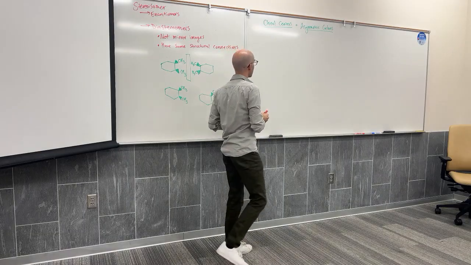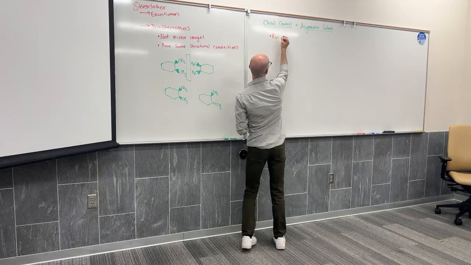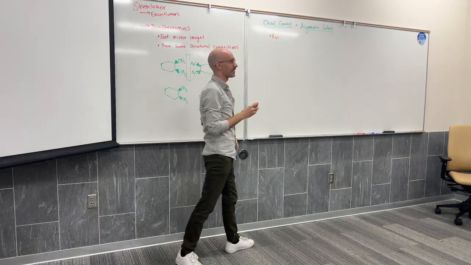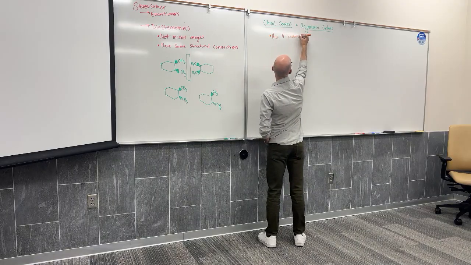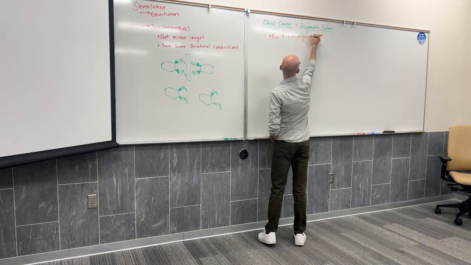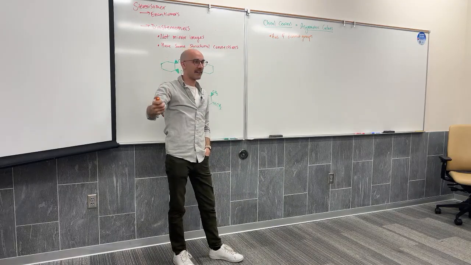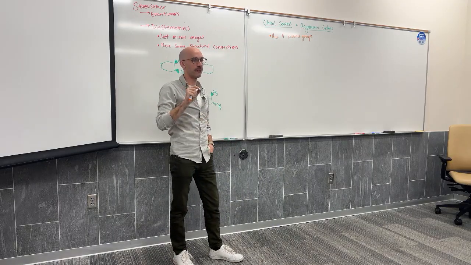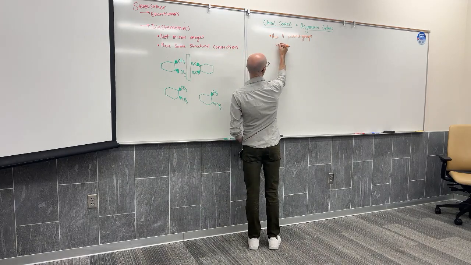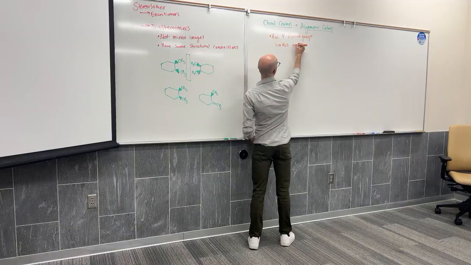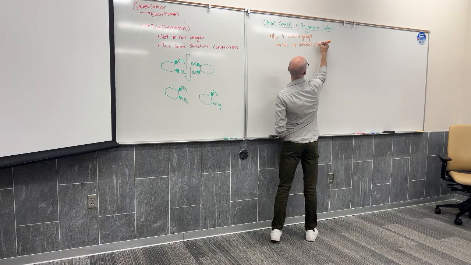A chiral center is defined as having 4 distinct groups. Notice it's not 4 distinct atoms that it's bonded to, but 4 distinct groups. And as a result, it has no internal plane of symmetry.